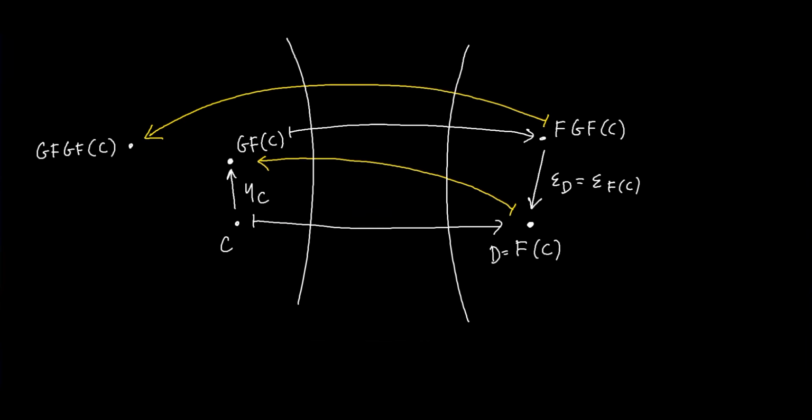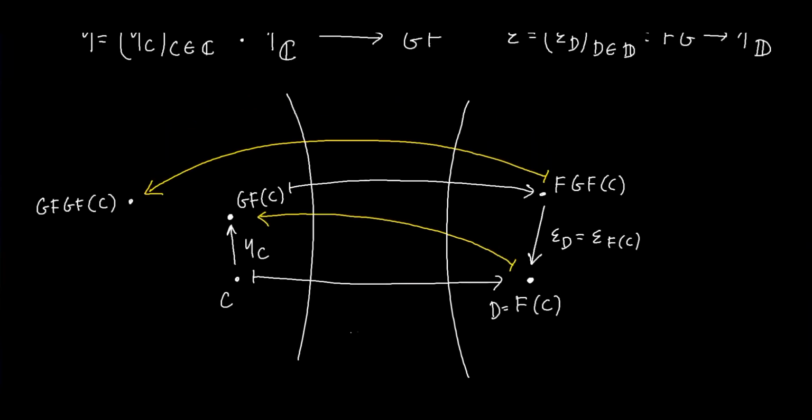What can we draw here? What else can we insert in this picture? So remember, we have two functors, one F going from left to right, and the other one G going from right to left.